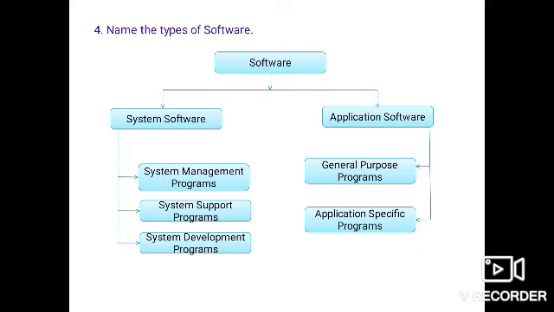An example for general purpose programs is MS Office, that is MS Word, Excel, PowerPoint. And application specific program examples are banking software or railway reservation software.